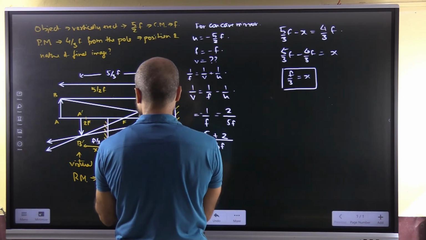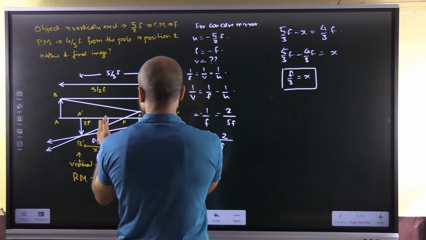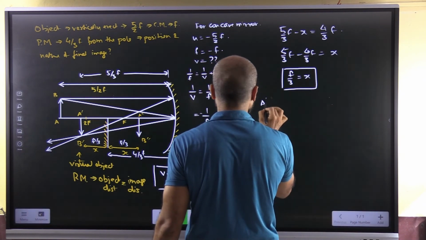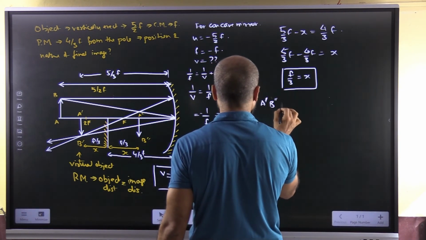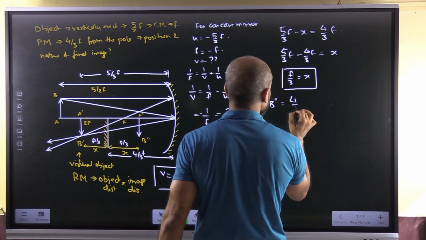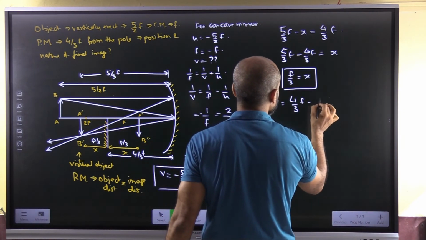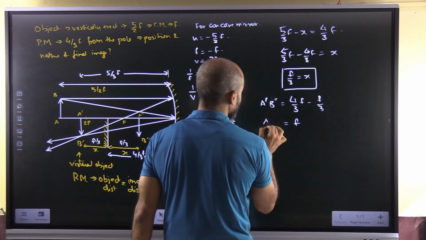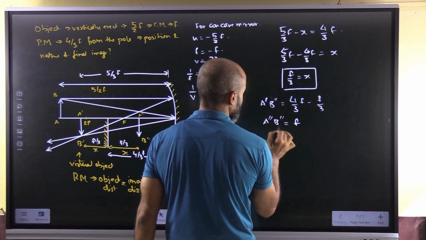So we know that this distance is 4/3f minus f/3, the A''B'' distance, which gives us f. So A''B'' will be equal to f.